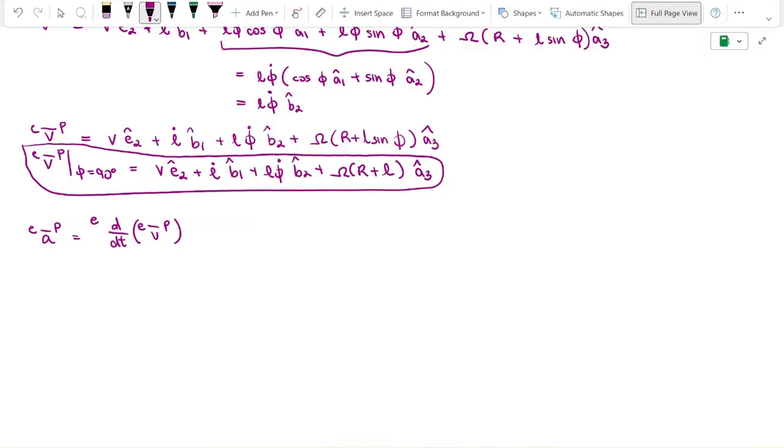Now, we do not take the time derivative of this. This is incorrect. We take the time derivative of this expression because it doesn't make sense, if you're taking a time derivative, to take the time derivative at a single point. You always take the time derivative of the general expression, and then afterwards you plug in the condition it is at, right?